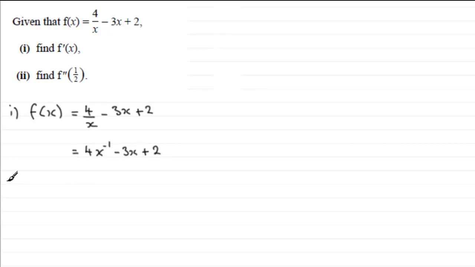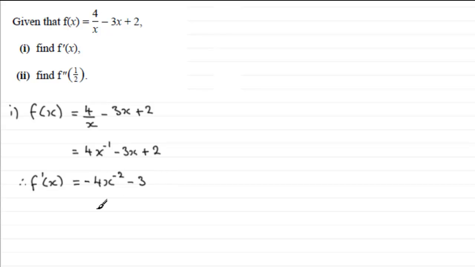So now I can find the first differential of this, f prime x or f dash x equals, and in the usual way multiply the power with the number in the front here and we get minus 4. Then we reduce the power by 1 and that becomes x to the power minus 2. And for this term here we just get minus 3 when we differentiate that with respect to x, and for the constant, well, that goes to 0.